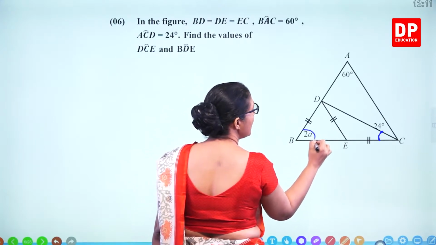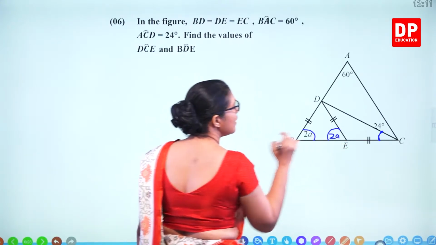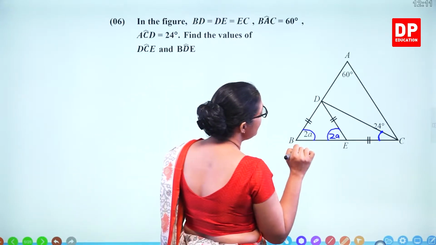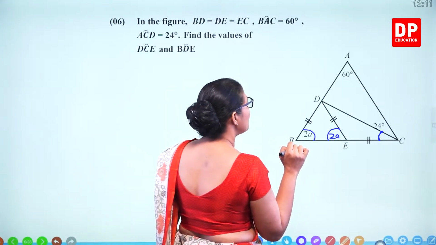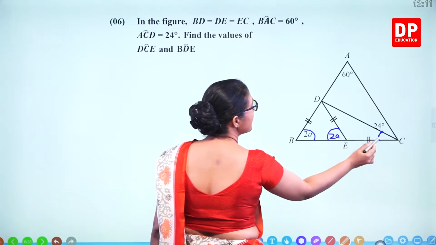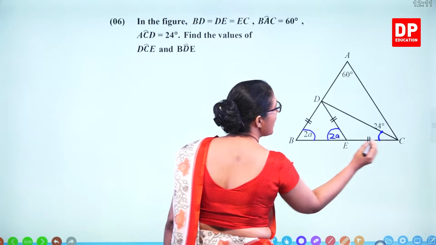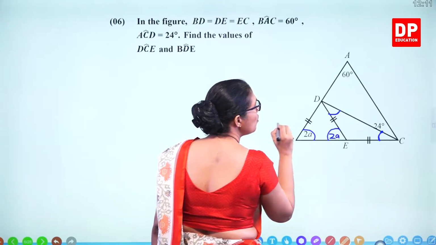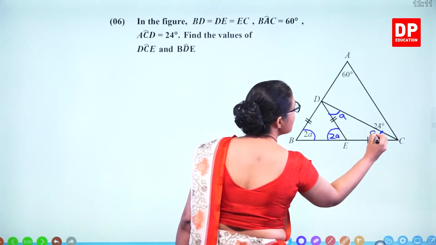If this is 2A, this is also 2A. Isosceles triangle. And then this becomes these two angles. Now, if this is 2A, what is these two? These two are equal. Divide by 2, you get this is A, this is A.